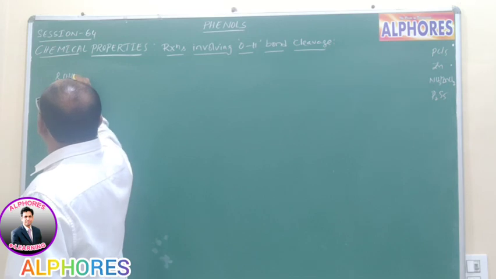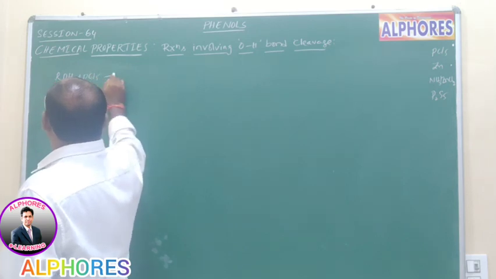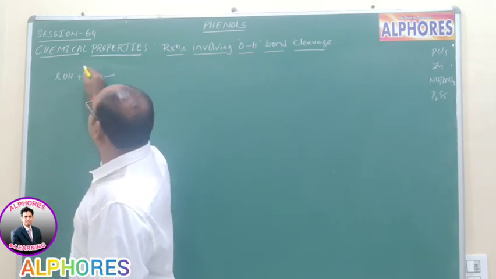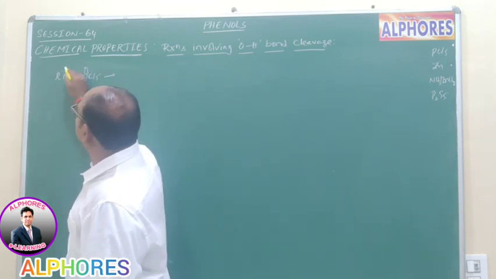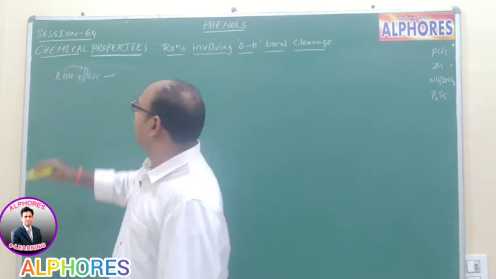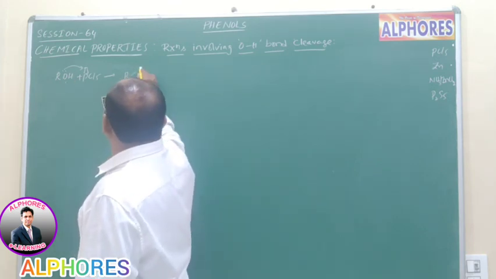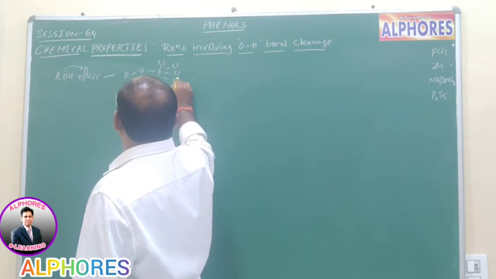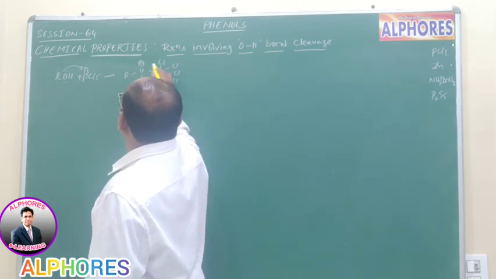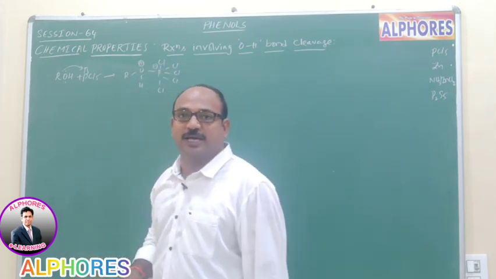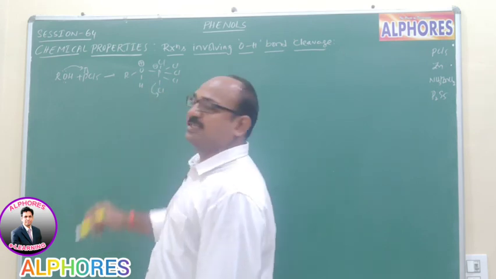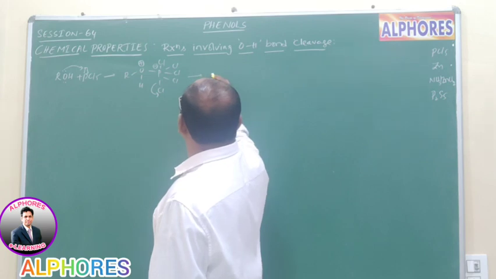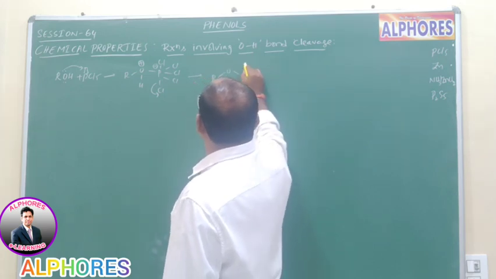If we recall, alcohols upon reaction with PCl5: as we discussed, PCl5 acts as a Lewis acid and accepts an electron pair from oxygen, and the poor leaving OH group is going to convert into a good leaving group. Here it is going to bear a positive charge, here a negative charge, and from here Cl- has to come out, and along with that Cl- it absorbs the H+ also.